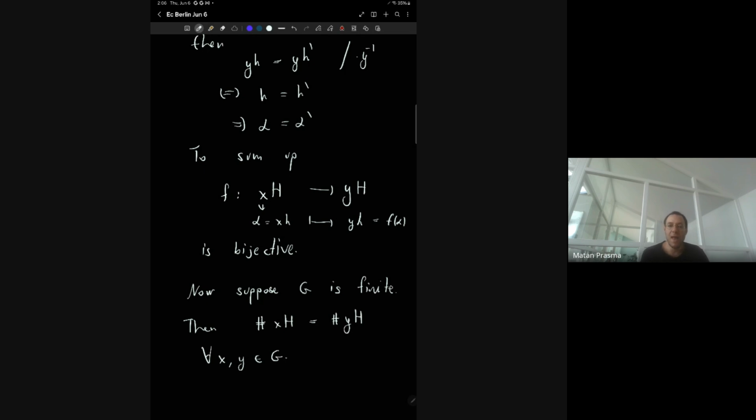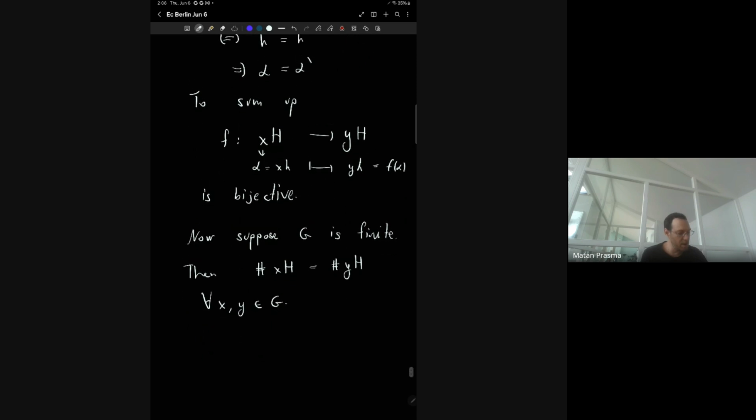And so G can be partitioned into sets of equal size.